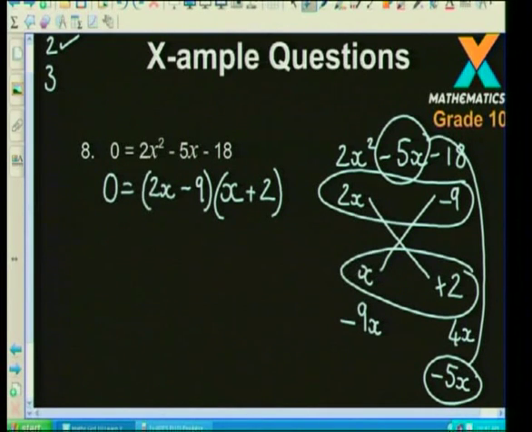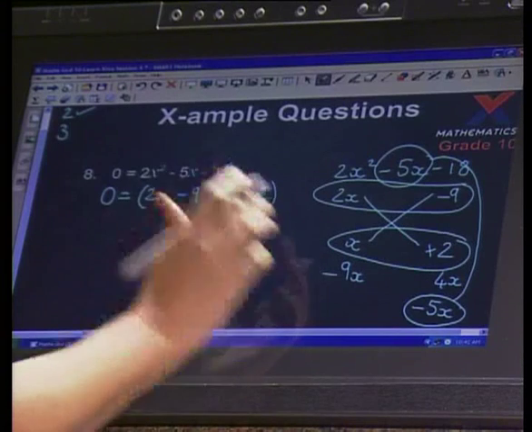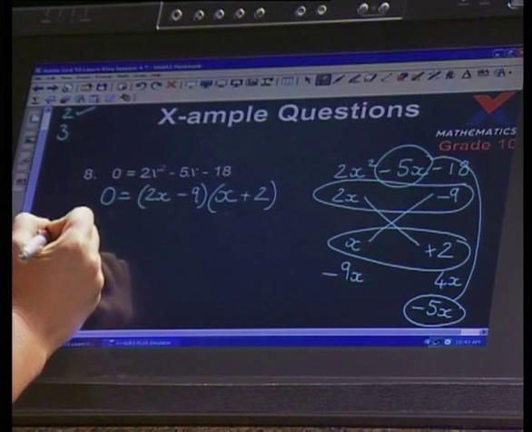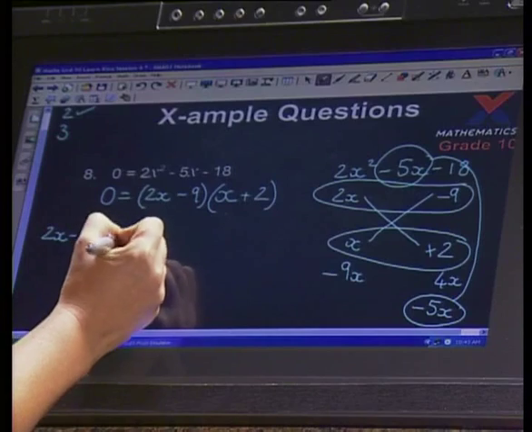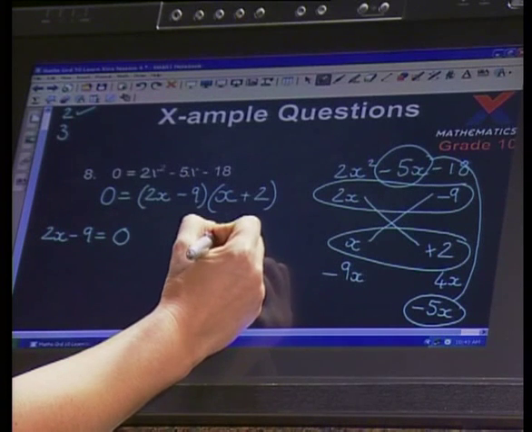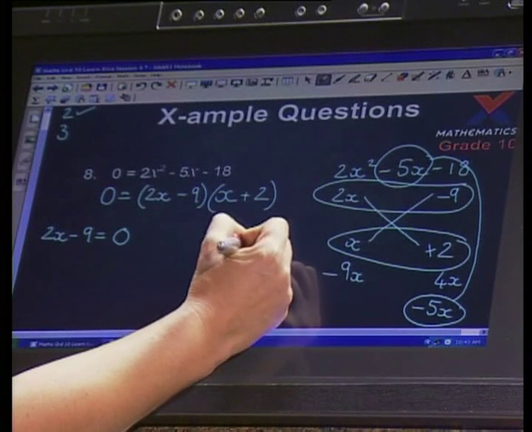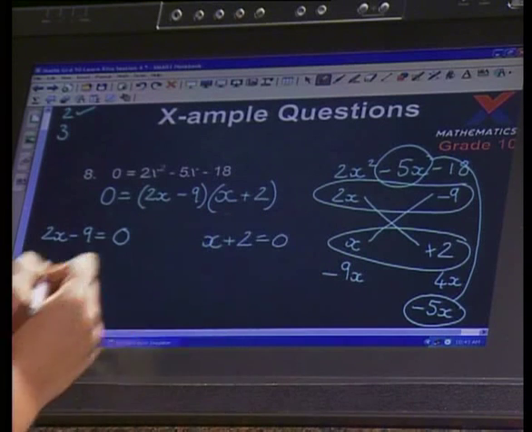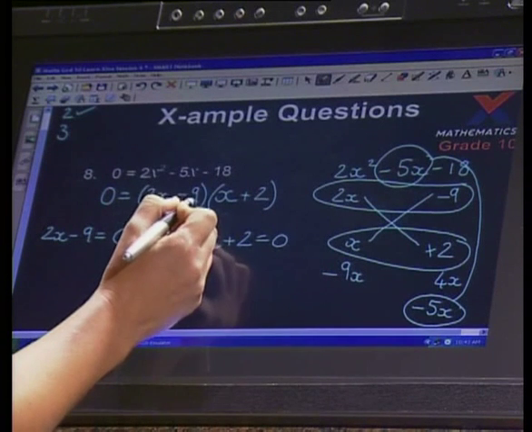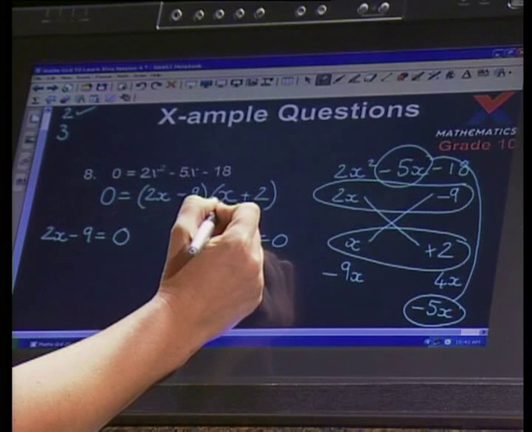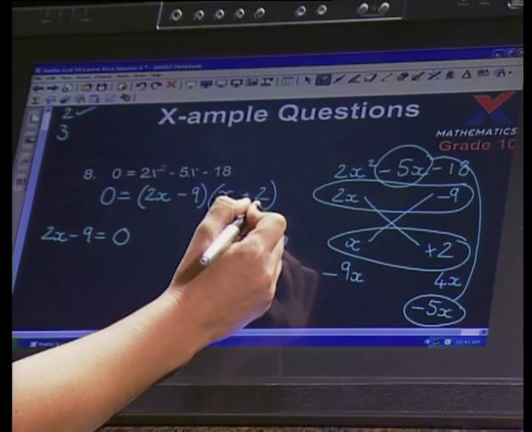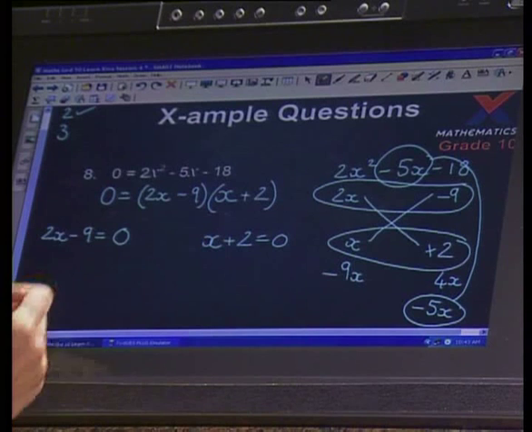And step 3 is when we separate the 2 factors of the equation and we make each one equal to 0 independently. Remember that the reason we do this is because anything multiplied by 0 is equals to 0. So if 2x minus 9 has a value of 0, it means that when it multiplies x plus 2, it will get an answer of 0.